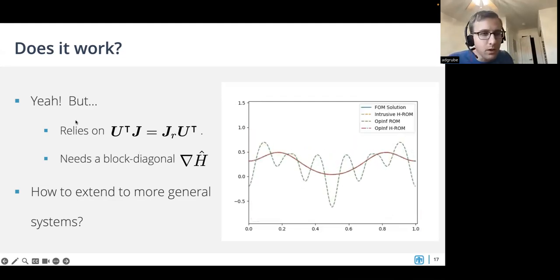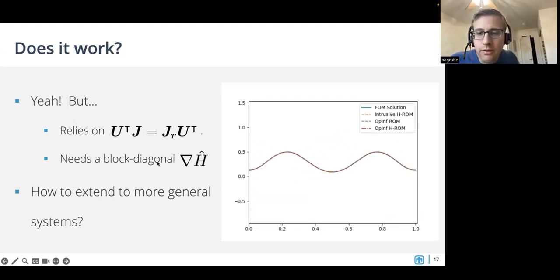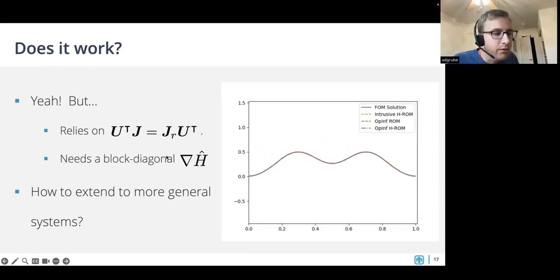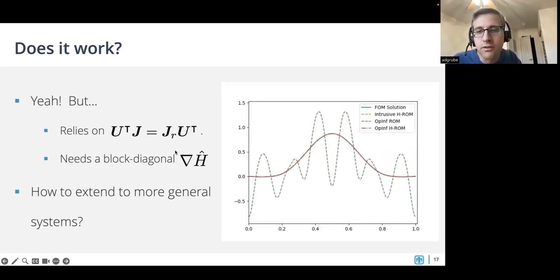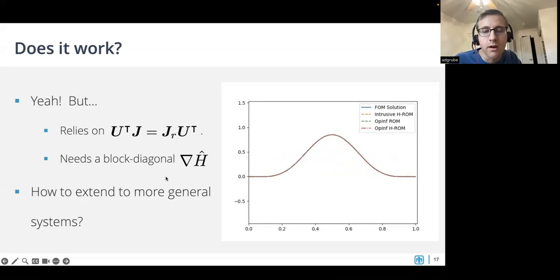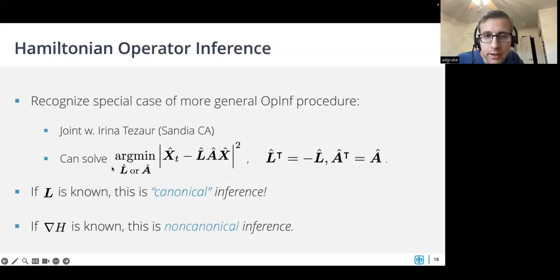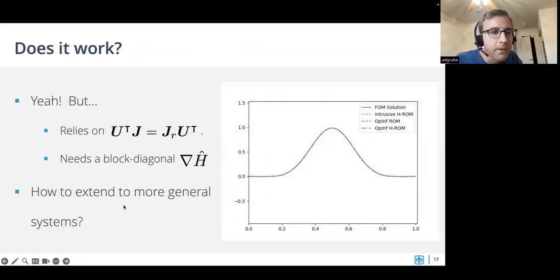The thing though that we noticed when we tried to apply these kind of technologies to our problems is that there are some assumptions inside this method which limit the use cases it can be applied to. So the first thing is that it's reliant on essentially a particular form for your POD basis.